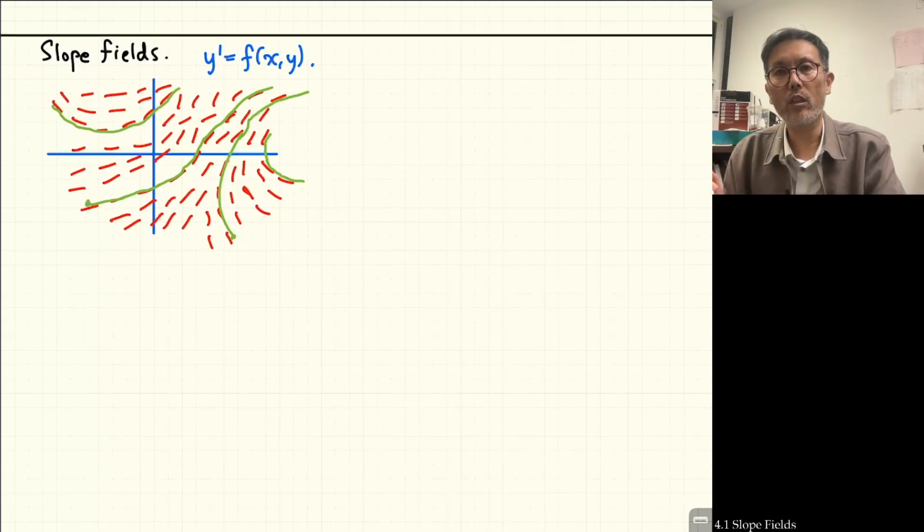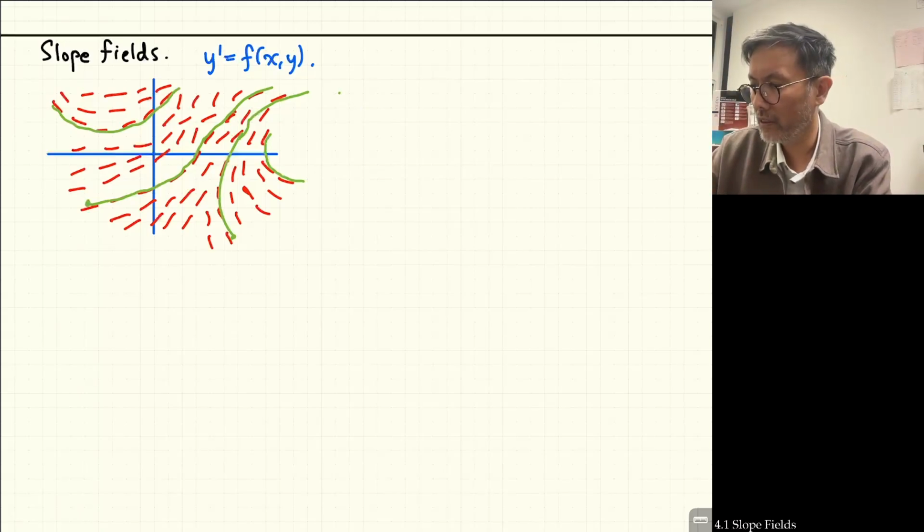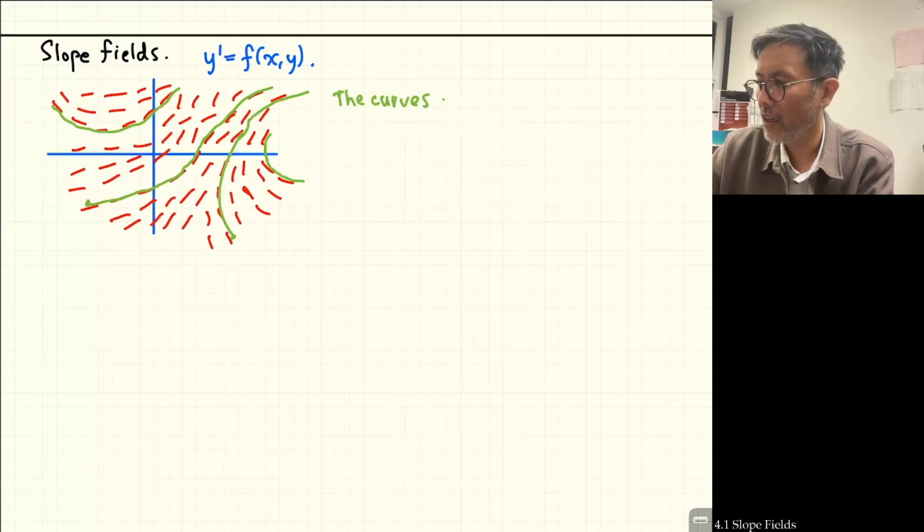These green curves are called integral curves. This is just jargon.